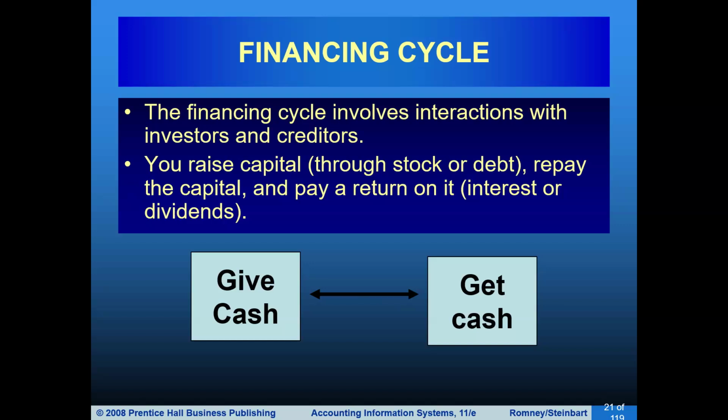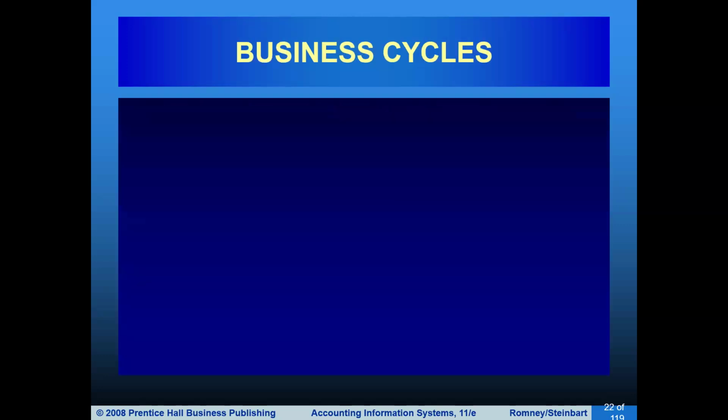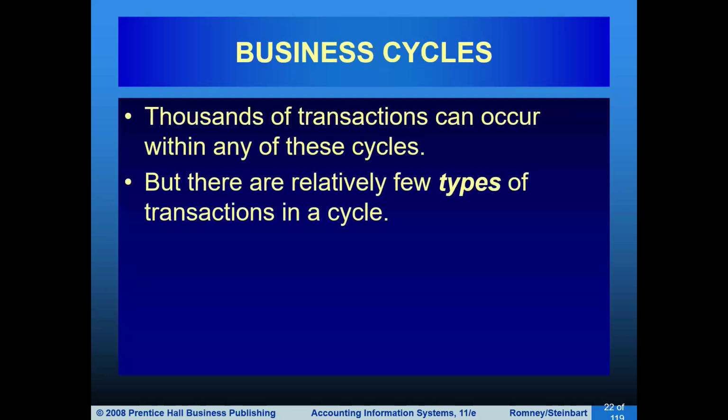This is always connected with finance, capital, interest, or dividends, right? What happens here is interaction always with investors and creditors. You give cash, you get cash, both cash here. Now, these are what we call the main cycles.